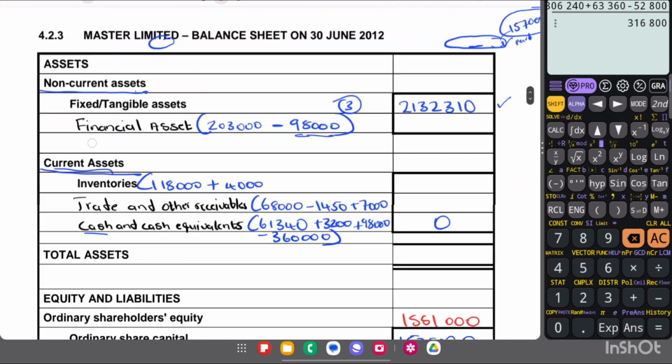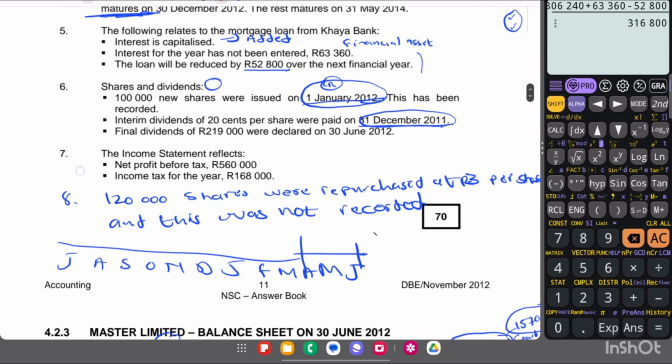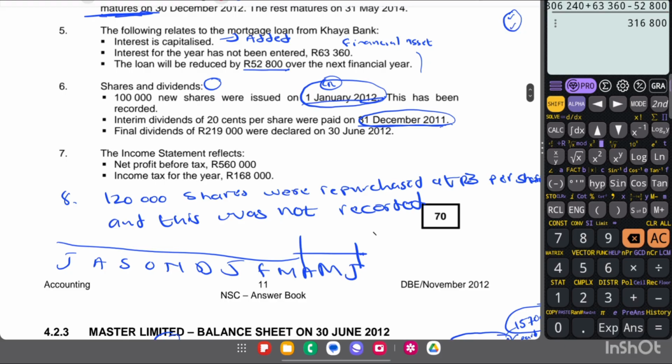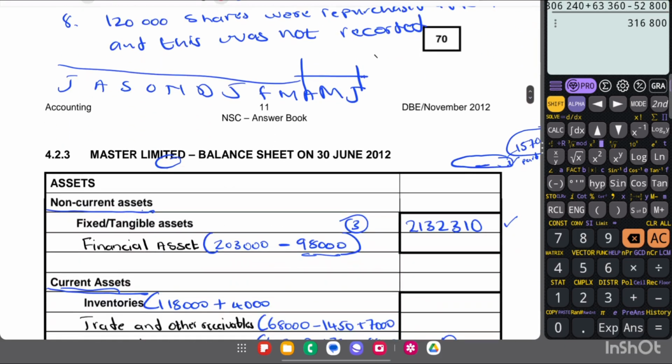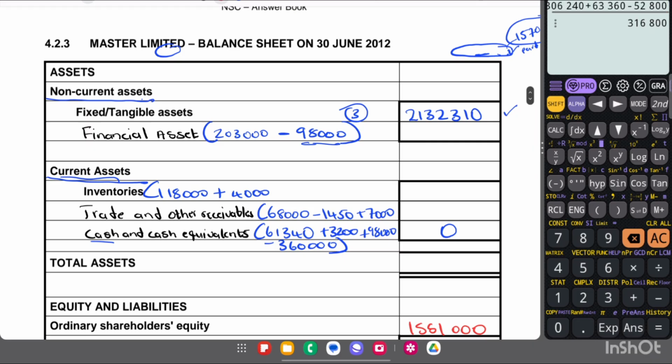Let's go and check our information now. We are done with our information now. Let's go and close our balance sheet now.